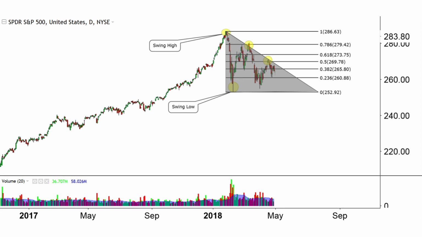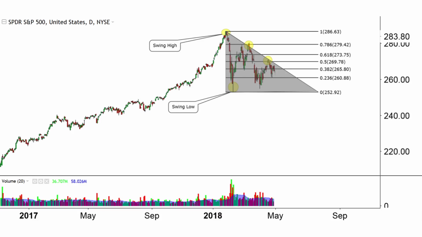Finally, line up the end of your trend line with the level where your fib ended. In this example, it is the swing low at 252.92. This forms a triangle where you can see past resistance and support that can confirm and validate your fib to be useful into the future.